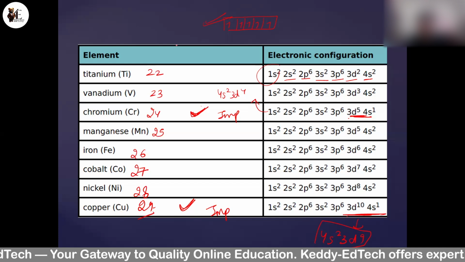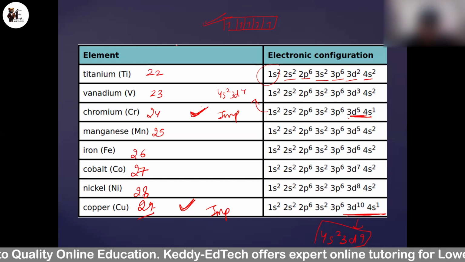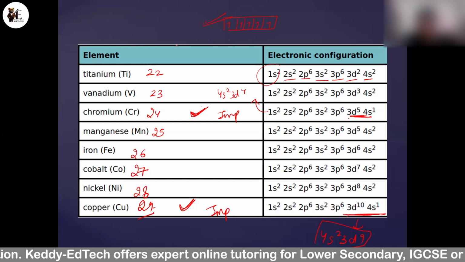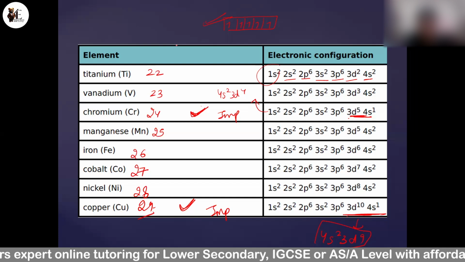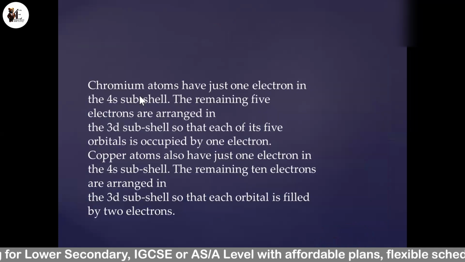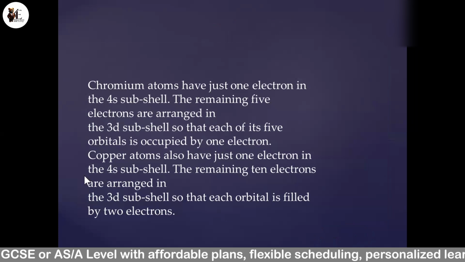Yes, ma'am. Write it down. Here, the reason is written here that chromium atoms have just one electron in the 4s subshell.